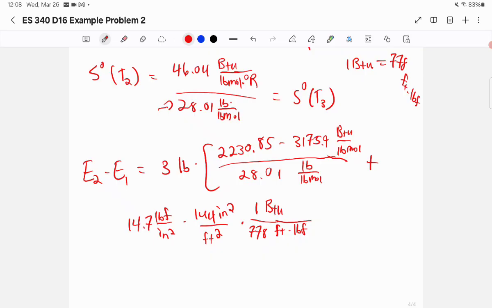Notice that the units here give me BTU per foot cubed, once everything cancels out.